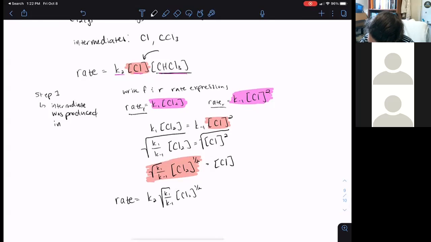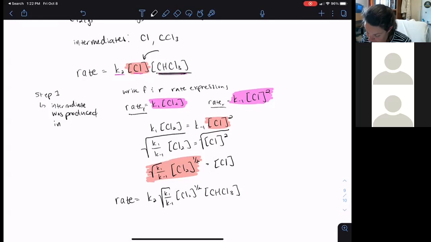And then remember, we still have this in there, so we need to put that in there as well: CHCl3. And that will go into the top equation for the rate.